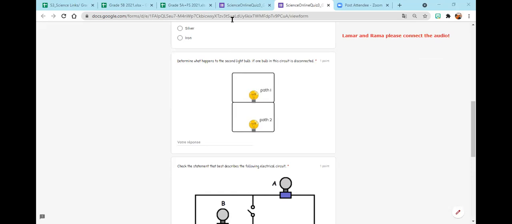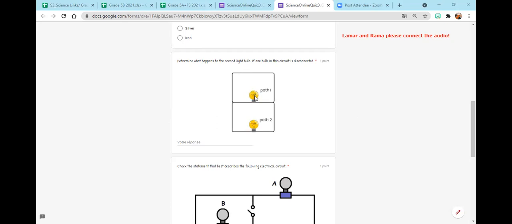Determine what happens to the second light bulb if one bulb in this circuit is disconnected. What did you write? Let's see.